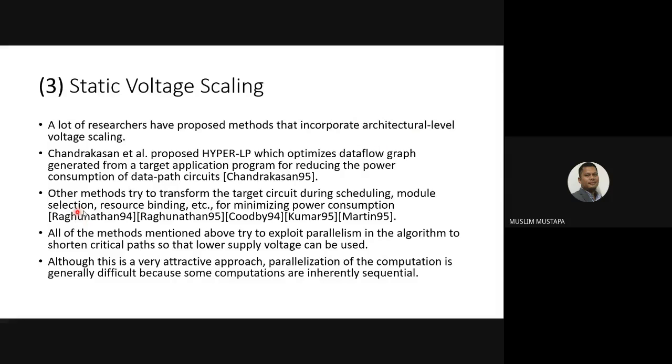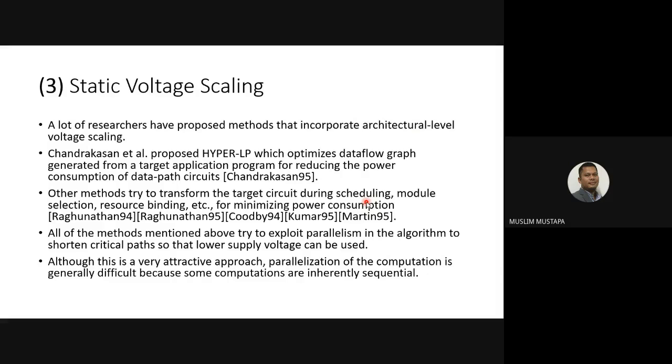Do it on the architecture level. Right, so other methods try to transform the target circuit during scheduling: module selection, resource binding, minimizing power consumption. So I think this is being done on the software level, right? So during the scheduling, you select the programs that can be executed in parallel.